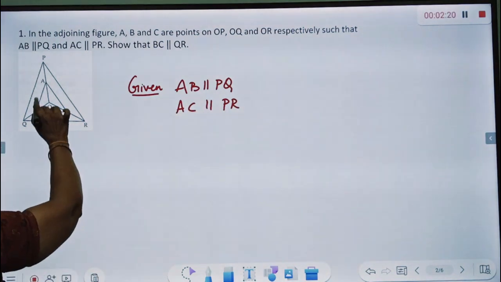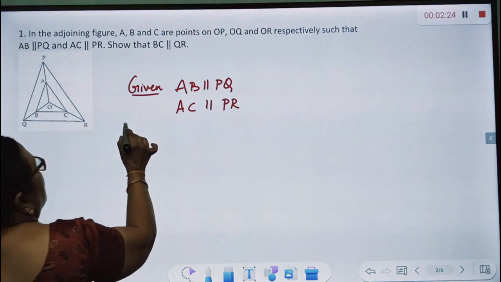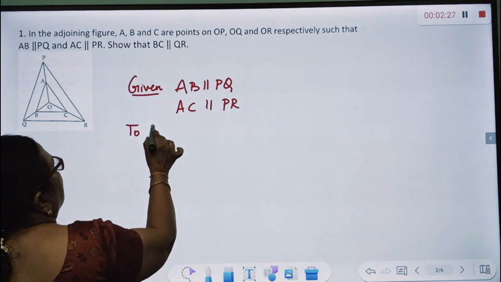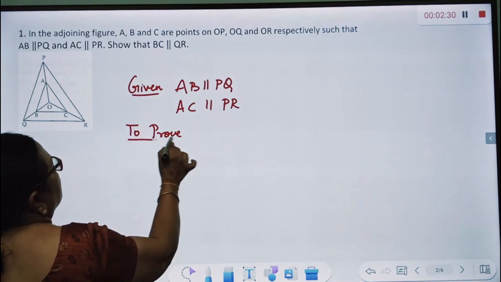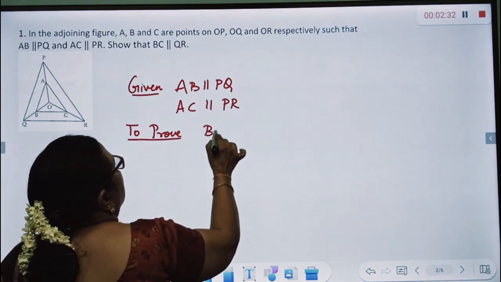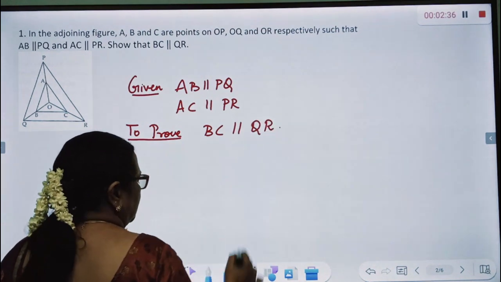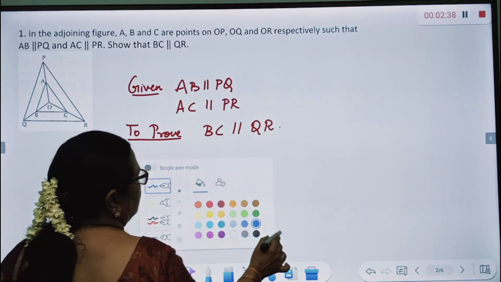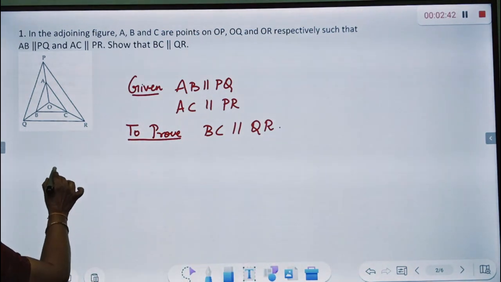You have to show or rather prove BC is parallel to QR. So we have to prove what? BC is parallel to QR. Proof.